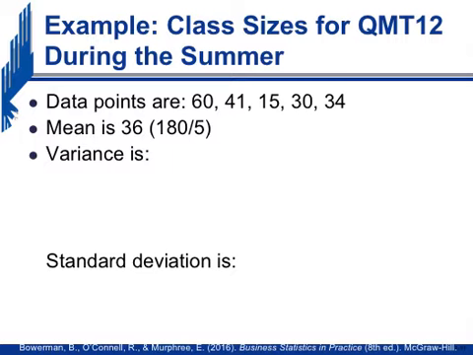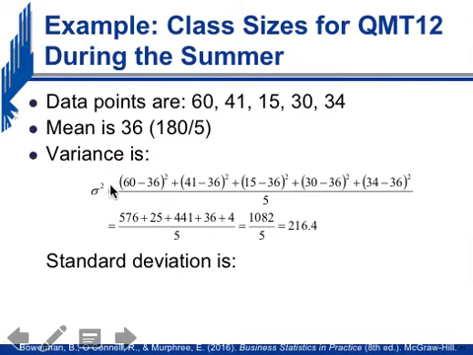Now, to compute for the variance, you need to compute for the mean first. So to compute for the mean, just get the sum and divide by the total, and we will get 36. And since the dataset is from a population, then we will use the formula for the population variance, which is sigma squared. So that's, again, the average square deviation of each individual measurement to the population mean.